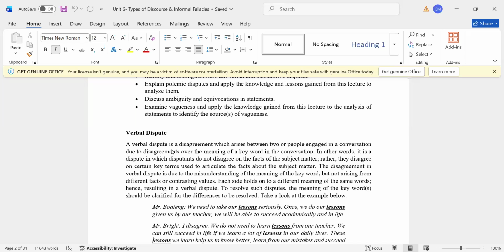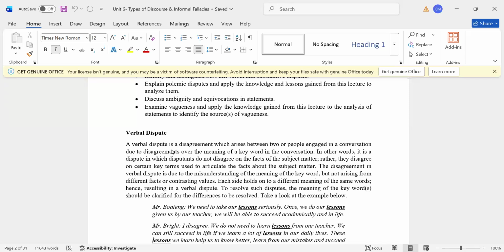In the case of Boateng, the word lessons means assignments, quizzes, homework, and all that. That is the context in which you use the word lessons. Bright used the word lessons in a different context to mean life experience.